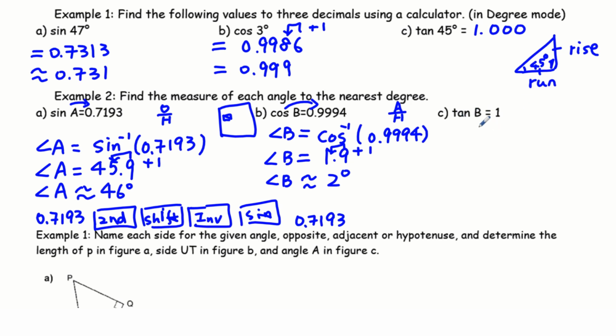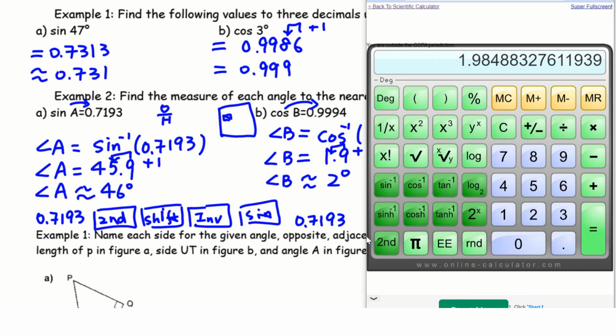Then tangent B equals 1, we do the inverse of tan. Then you will have 1 tangent. 1 inverse of tan is 45.